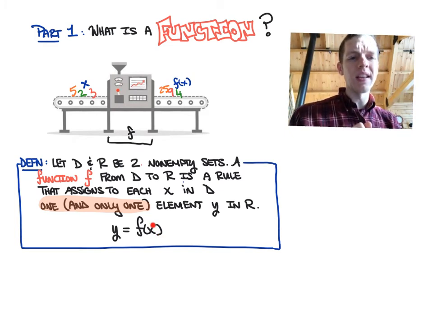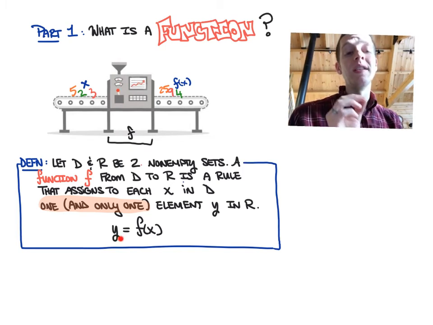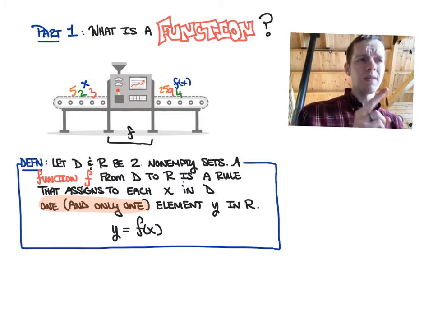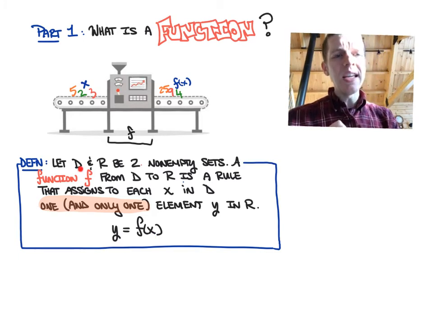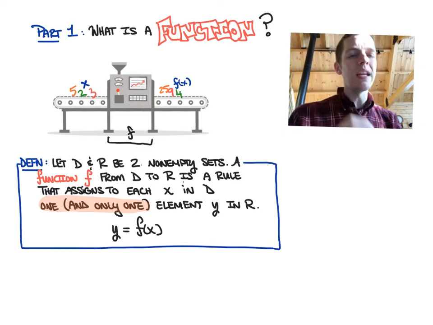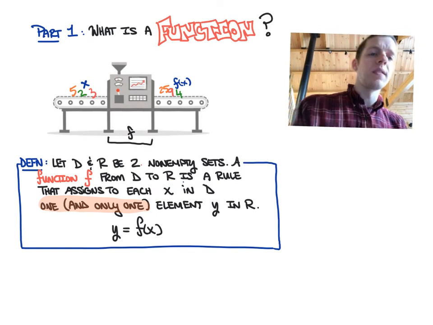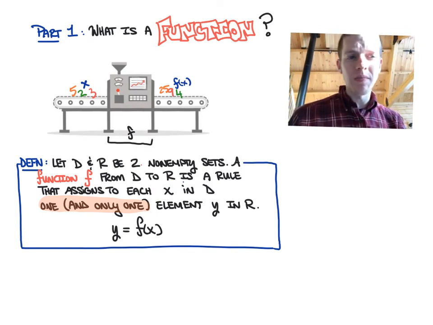It signifies that the x is your input and the y is your output, and the y is what we call the dependent variable because it depends on the independent variable x. So we have independent variables and dependent variables. D, the set of all possible inputs, is called your domain, and R, the set of all possible outputs, is called your range. So I'm going to put those definitions here.